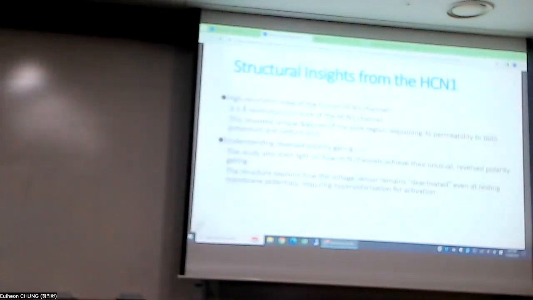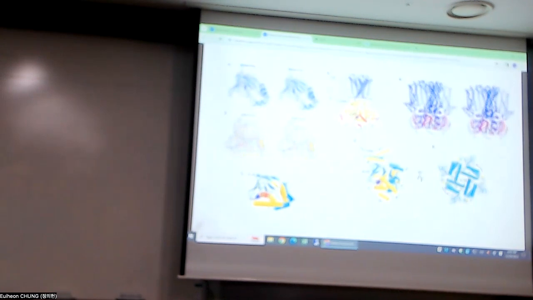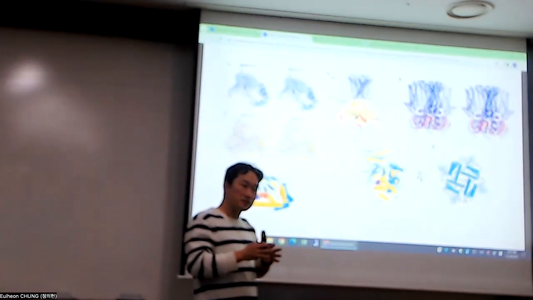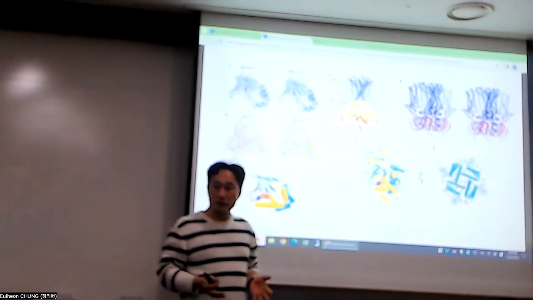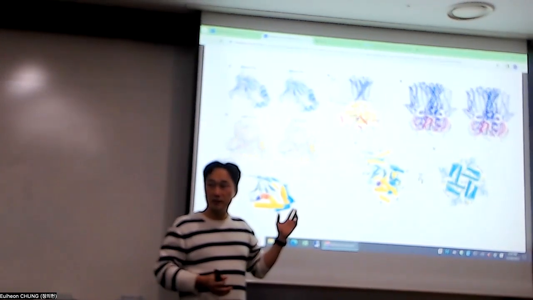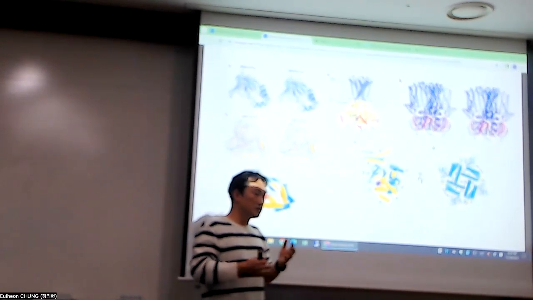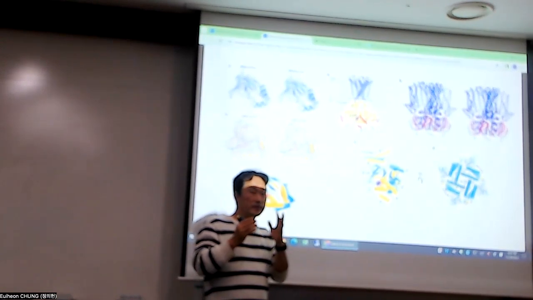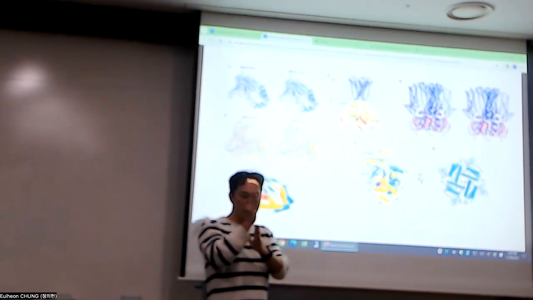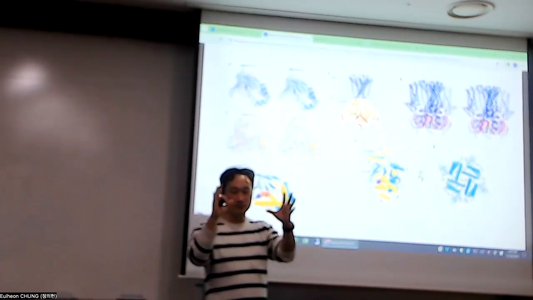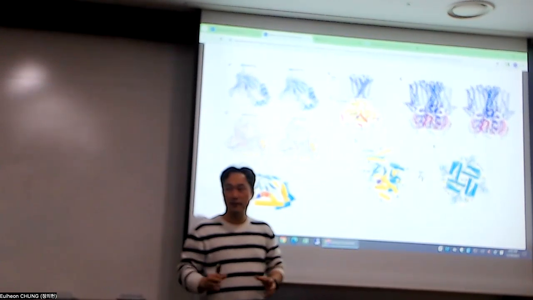Okay, so this is the whole story. There are more details, but this is the overall picture of this ion channel. This is a structure paper. You should understand intuitively by looking at the 3D structure and understanding the properties of the structures. That's most important.